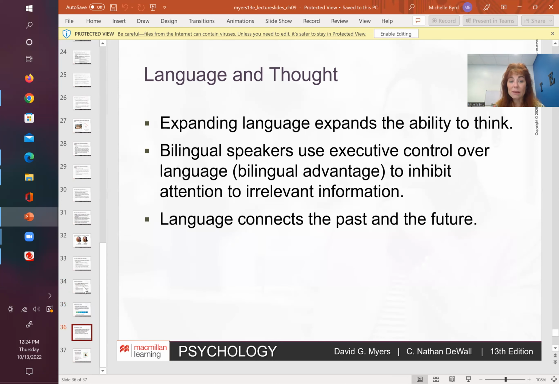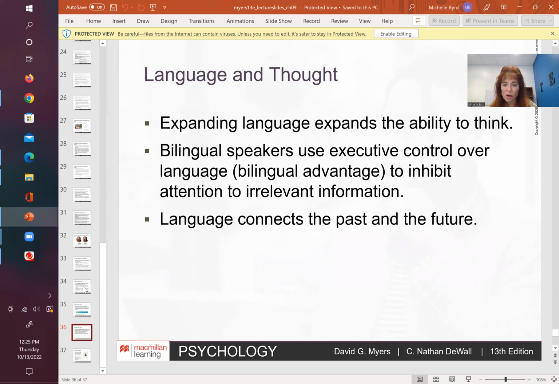Okay, so language and thought. Expanding language expands the ability to think, because it has you thinking about new and different ideas, and if you're thinking in several different languages, of course that's going to open you up in new ways.